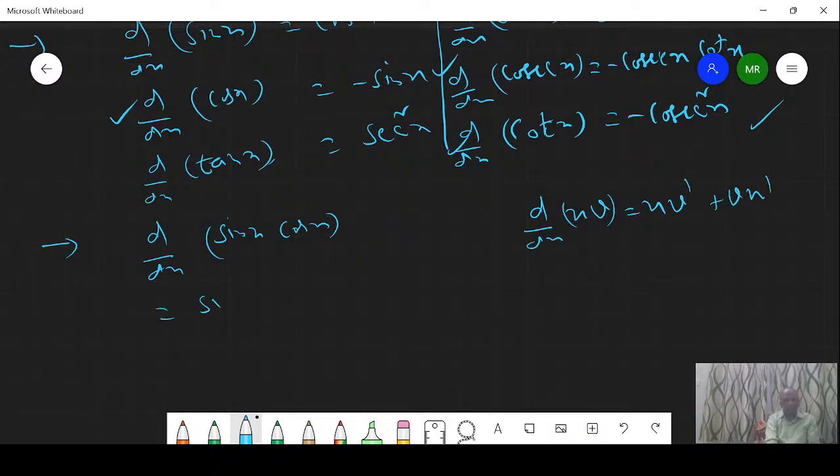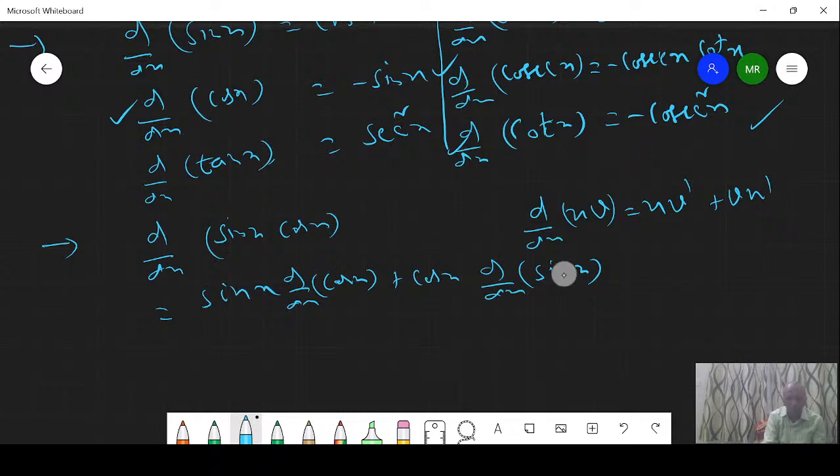So I can write sin x into d by dx of cos x plus cos x into d by dx of sin x, with respect to x only. Derivative of cos x is minus sin x. How, sir? Look into this: derivative of cos x is minus sin x, plus cos x into derivative of sin x.